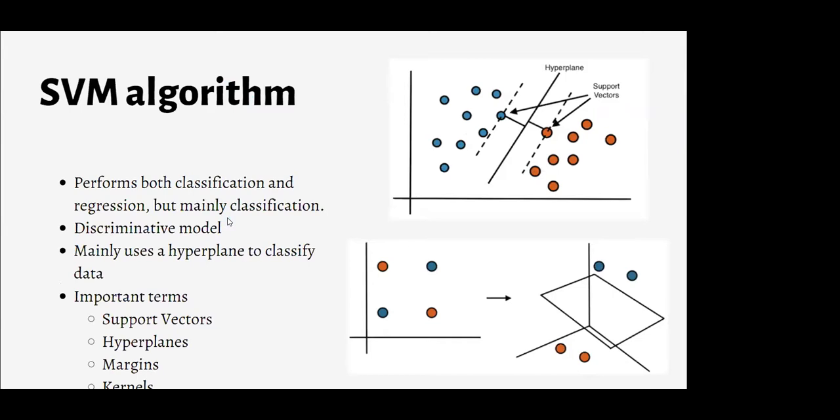So the goal of SVM is to identify an optimal hyperplane that separates the data points and maximizes the margin, that is, the distance from the data points to the hyperplane. So we need to maximize the margin to get our optimal hyperplane.